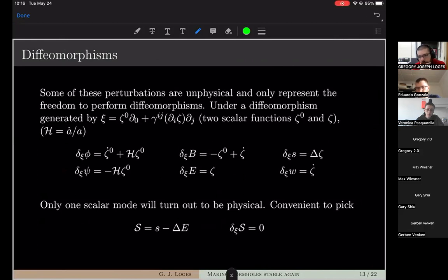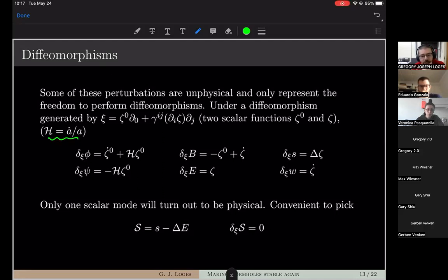So as I said, some of these are not physically measurable or distinguishable. There are diffeomorphisms which make some of the scalar perturbations redundant. So here there are transformations. H is some Hubble scale that is time dependent or radius dependent.